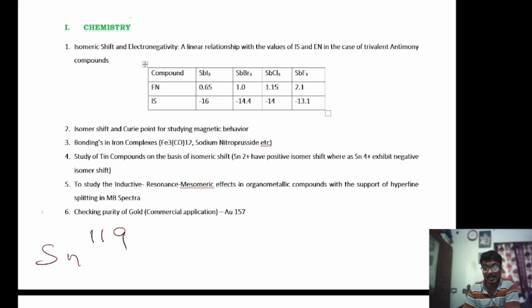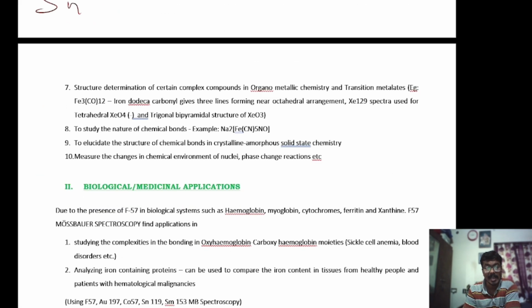The seventh application is structure determination of certain complex compounds in organometallic chemistry and transition metal chemistry. The example is, we have already discussed the iron dodecacarbonyl compound, which gives 3 lines, forming a near octahedral arrangement, and the xenon oxides. The structure and hybridization of xenon oxides are very difficult to predict theoretically, right?